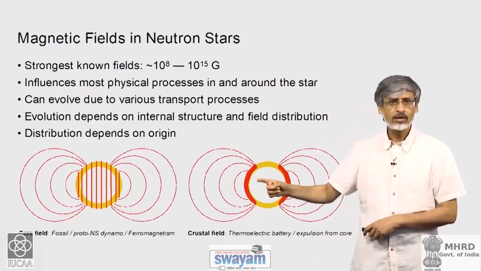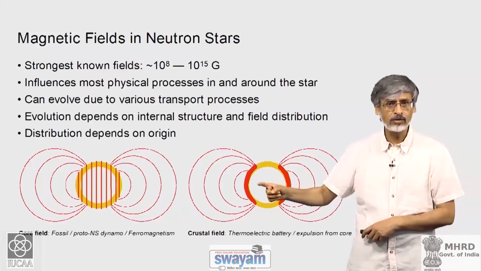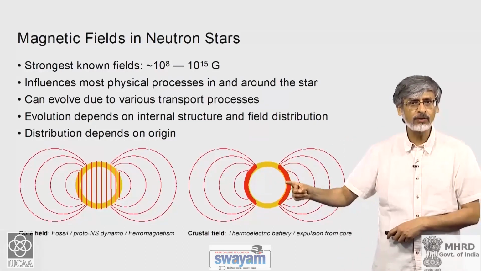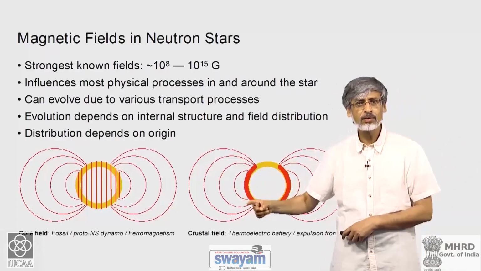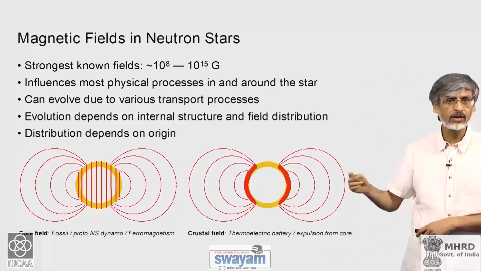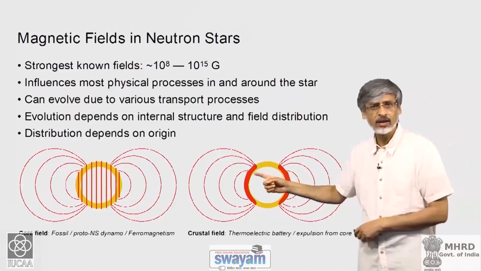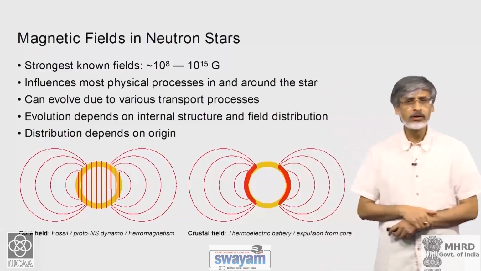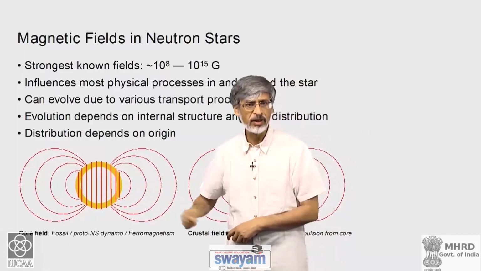If the field has actually not entered the superfluid or superconducting core and flows only through the crust, then you have a set of currents confined to the crust, which gives the source of the magnetic field. So, looking from the outside, these two field structures may look similar, but the long term evolution of these two will be very different.